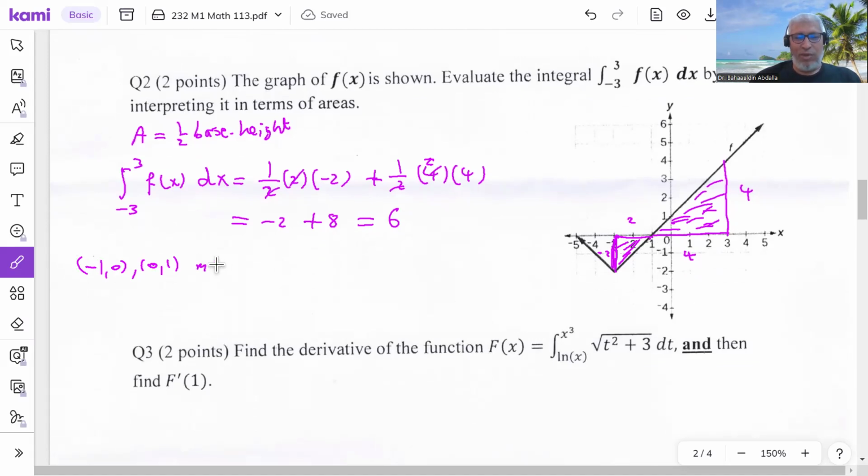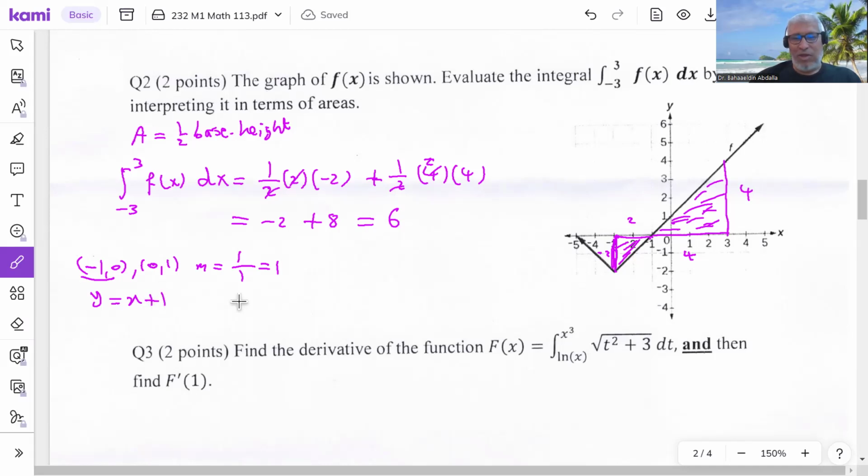So the slope would be 1 minus 0 over 0 minus minus 1. So the slope, in fact, is 1. And the equation of the line, y minus y0, I'll use this point. Y minus 0 equals m, which is 1, times x minus x0, which is minus 1.